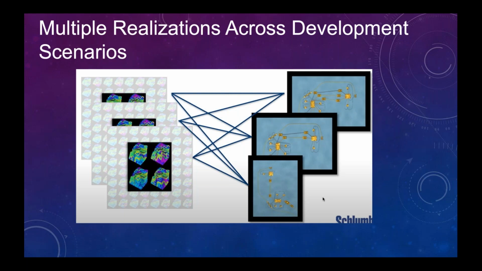For instance, if our expectation is to get a smaller volume initially, then we don't want to go and invest, let's say, $1 billion in order to put in the full facility. We can go with the phased approach.